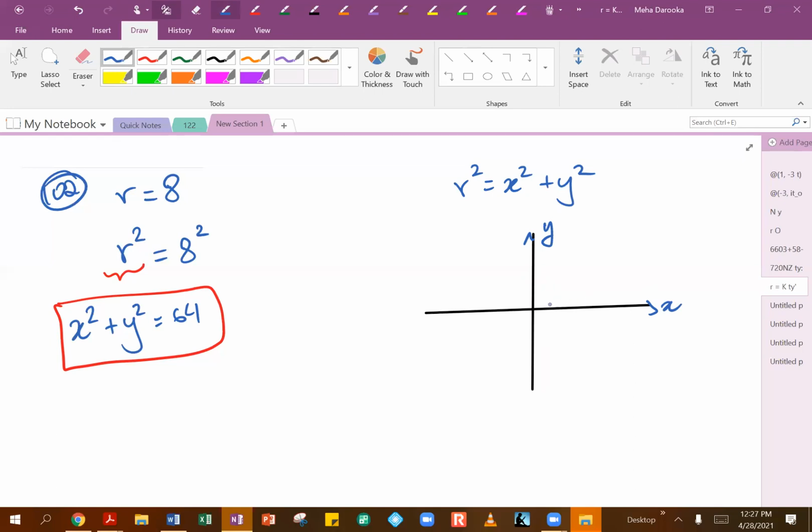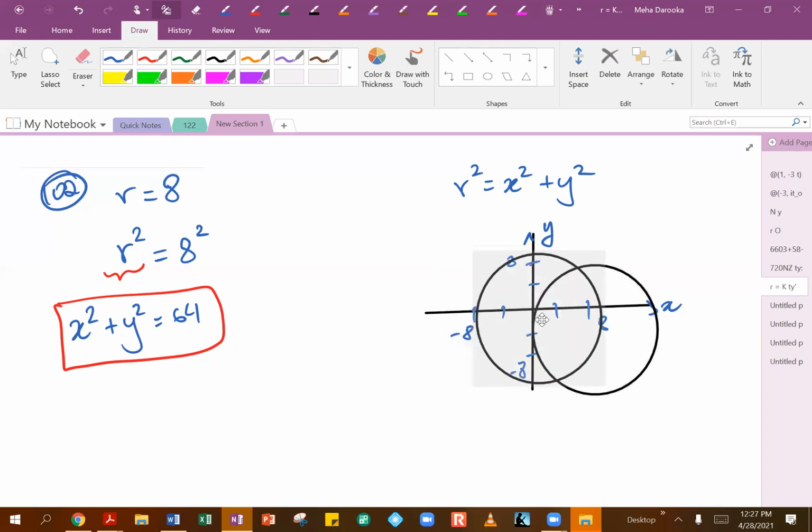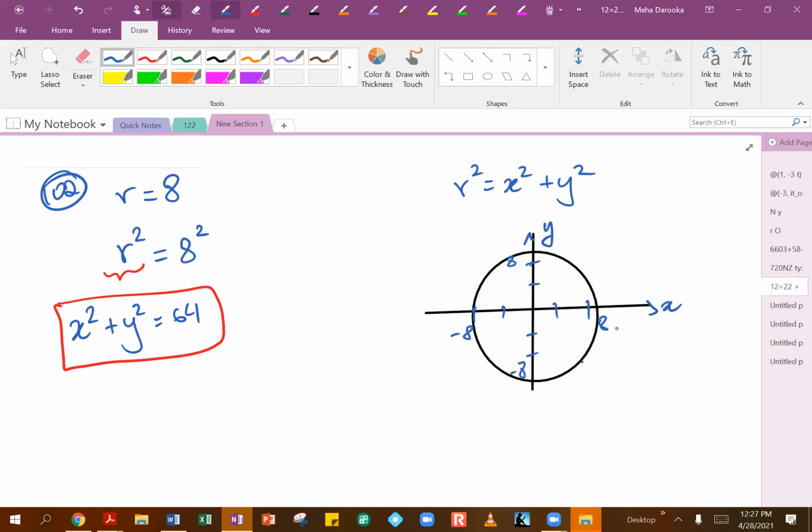So that would be, if we went out, and I'm just doing this in 2 so I can save some space, but if you went out 8 units in all directions, no, I'm a little off, but you kind of get the idea of what that guy would end up looking like.